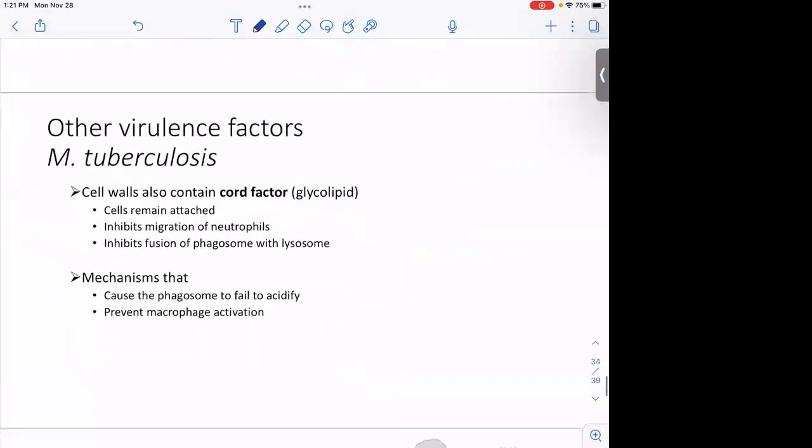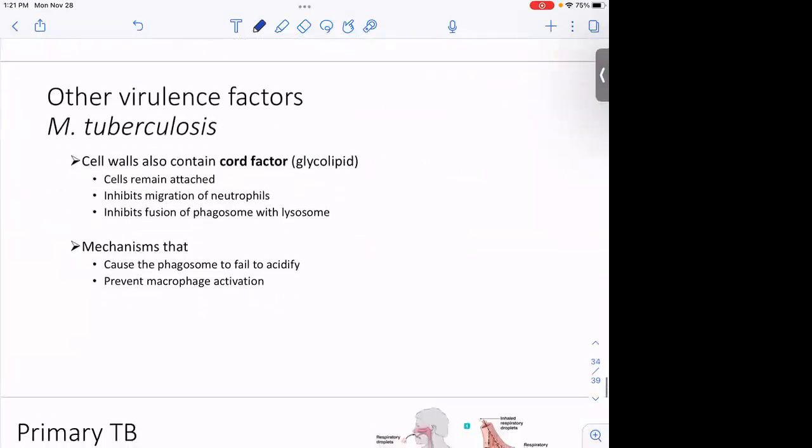Other virulence factors, this glycolipid called cord factor. We don't really understand how that works, but it's in the cell wall of the organism. And we know that when we make a mutant of Mycobacterium tuberculosis that doesn't have cord factor, the cell doesn't cause an infection.